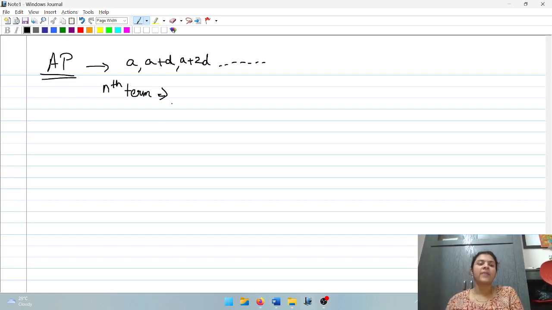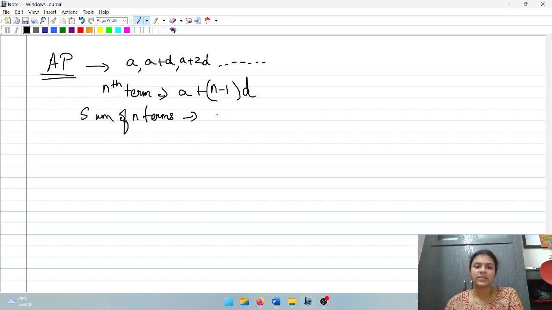Now, nth term of an AP is given as A plus n minus 1 into D, where D is the common difference and A represents the first term. And sum of n terms of an AP is given as n by 2 into 2A plus n minus 1 into D.